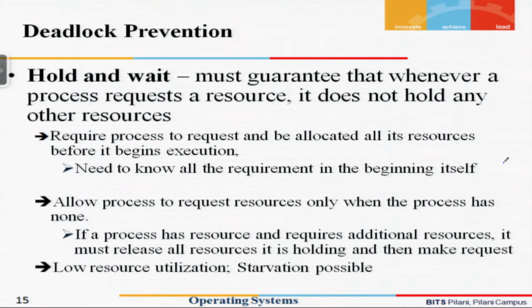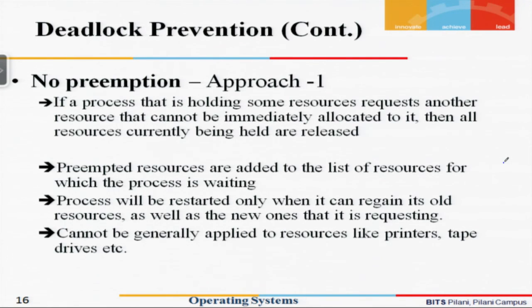So every time a resource allocation is carried out incrementally, and when I try to make a request for another resource, I release. I get through this cycle, and the process could starve for the resource. So we have seen that with the second approach also, hold and wait cannot be completely eliminated because of the issues involved.